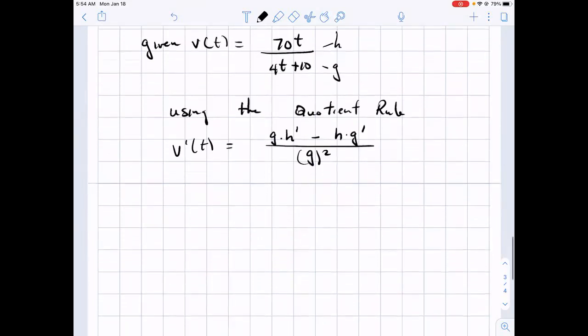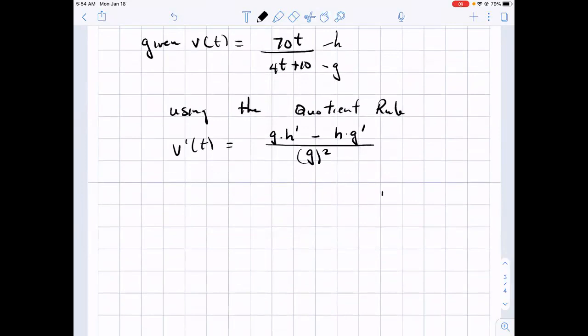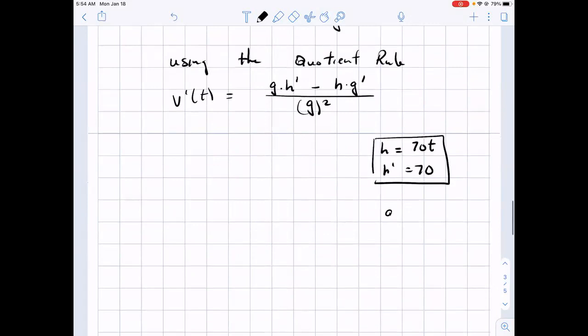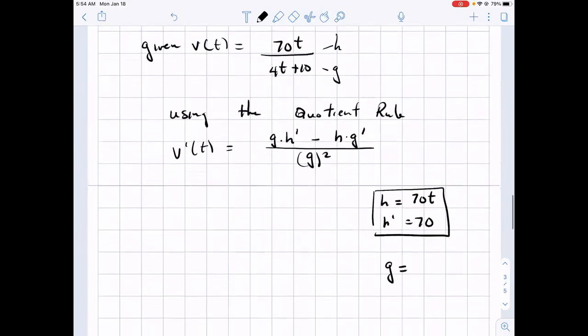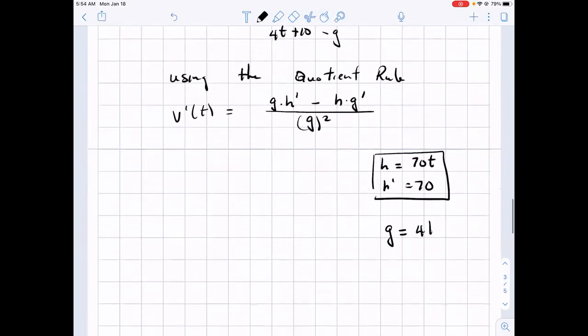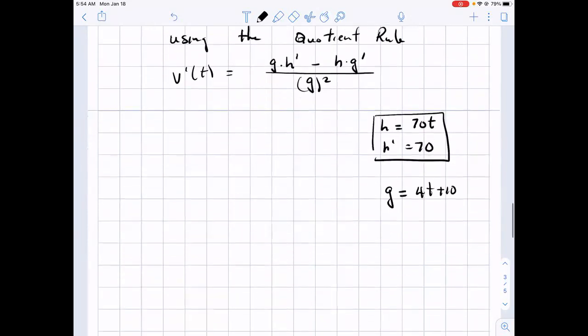So let's figure out what h is, what g is. So h is 70t, therefore h prime will be 70. Okay, so this is a little side note we'll need. And then g is equal to 4t plus 10. So g prime would be 4.